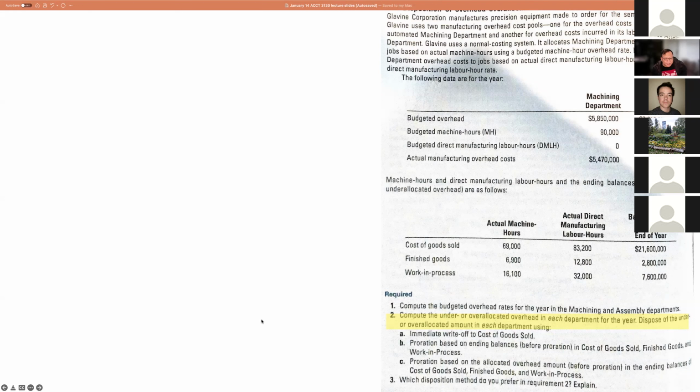Budgeted hours, that's the 124,000. Let's say you use 90,000 and you times 65, you are going to get the budget overhead cost of $5.85 million, right?